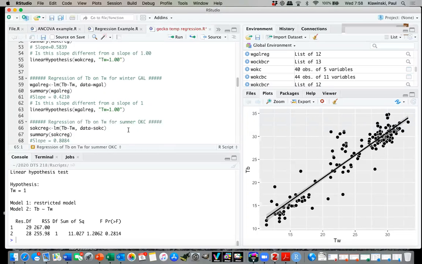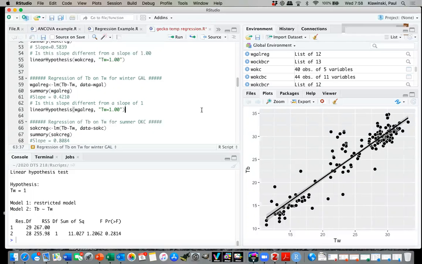Dr. Kowinski? Yeah. So you compared each season with population to the slope of 1. Yes. But do you ever go back to compare the slopes to each other? I don't in this case, because the question that the researcher had is, do these geckos thermoconform?